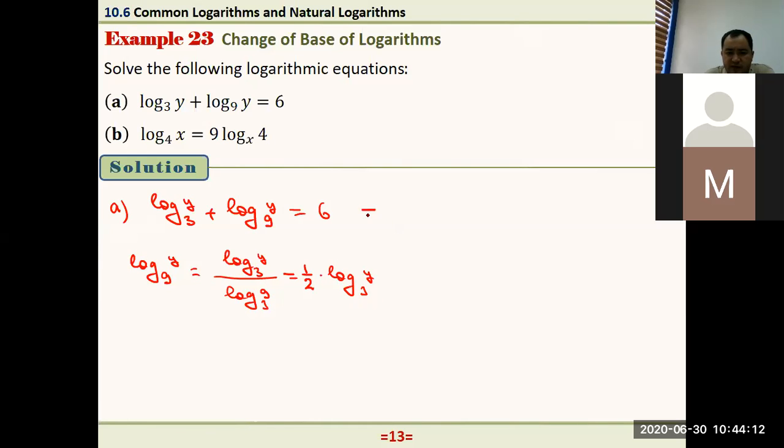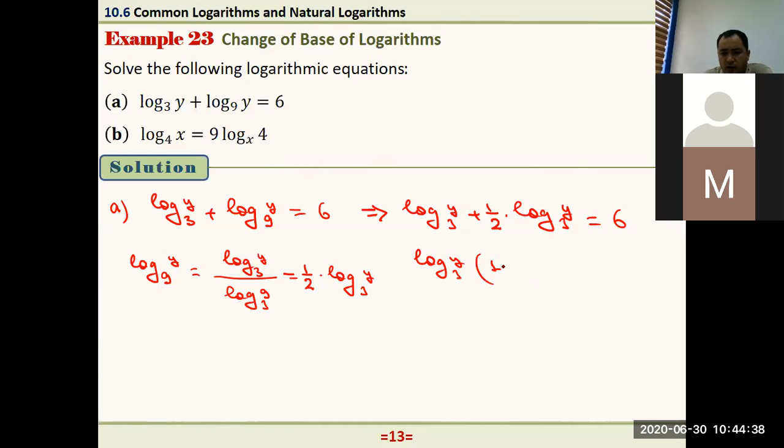So now if I substitute here, logarithm of y to the base 3, right? Plus this thing equals this, 1 over 2 times logarithm of y to the base 3 equals 6. So now logarithm of y to the base 3 is a common factor. You can just extract this and keep it out of the parentheses, y to the base 3.